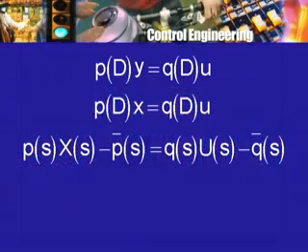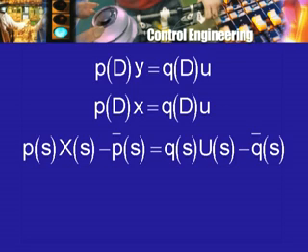And then we found out when we looked at the response, we looked at a fairly general differential equation of the form P(D) operating on the response variable, and for us the response variable is usually y, equal to Q(D) operating on an input variable, and in control the input variable is usually u. So, P(D)y equal to Q(D)u was the differential equation that described the control system or a system in general.